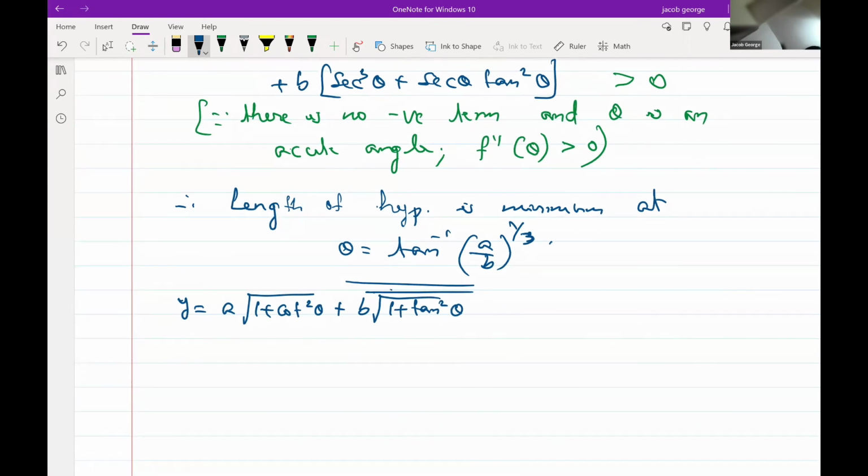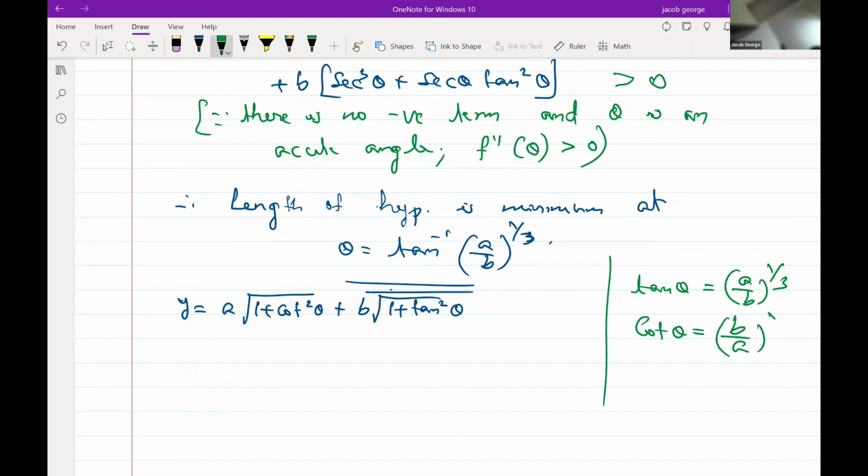Then we substitute for cot theta and tan theta. Tan theta is (a by b) the whole raised to 1 by 3, from the above step. What is cot theta? It's the reciprocal. So what will be cot theta, children? (b by a) the whole raised to 1 by 3. That we substitute into this.